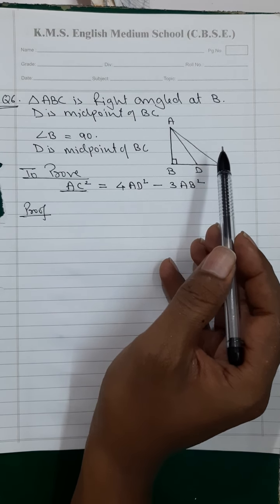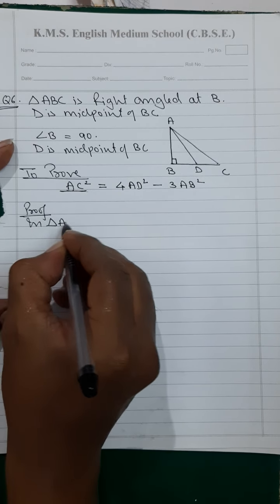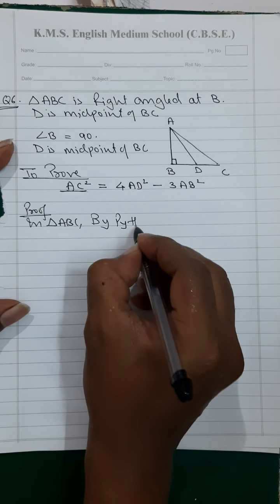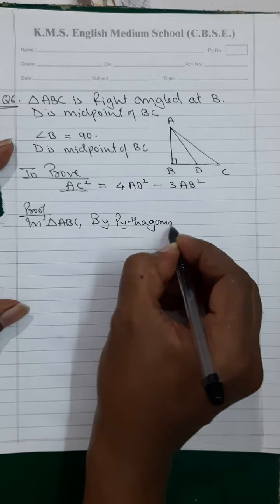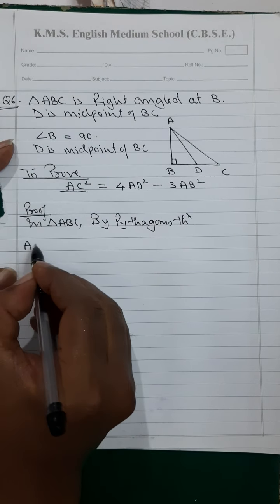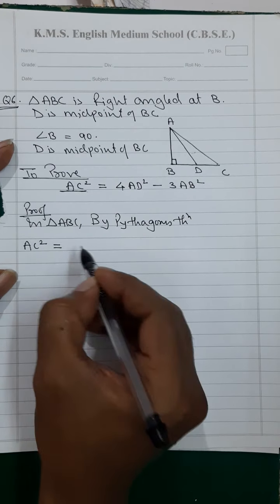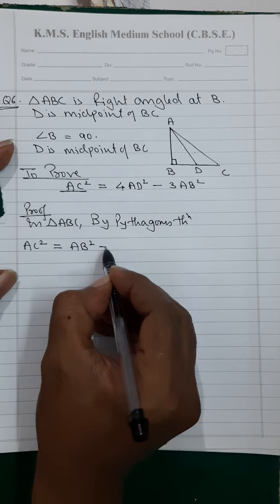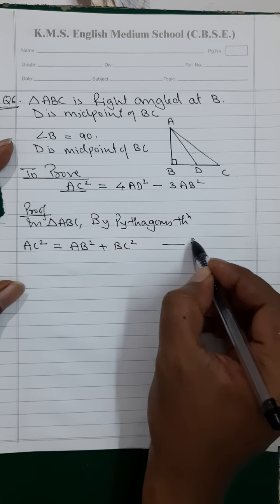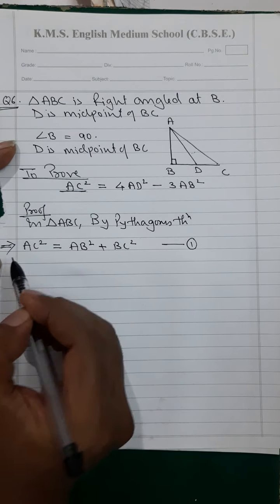So definitely you can see very easily in triangle ABC by Pythagoras theorem, you will get an expression for AC square, which says AC square, the side opposite to 90 degree, hypotenuse, is equal to AB square plus BC square. Okay, this is going to be 1. This is your main equation.